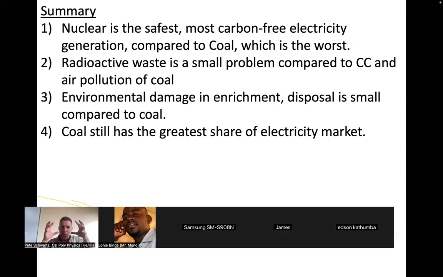And three, the ash after you burn the coal is mountains of it, and they've had problems where ponds of this stuff flow into communities and poison people. So nuclear is so safe and clean compared to coal, and yet humanity is being very stupid because we're still burning coal.